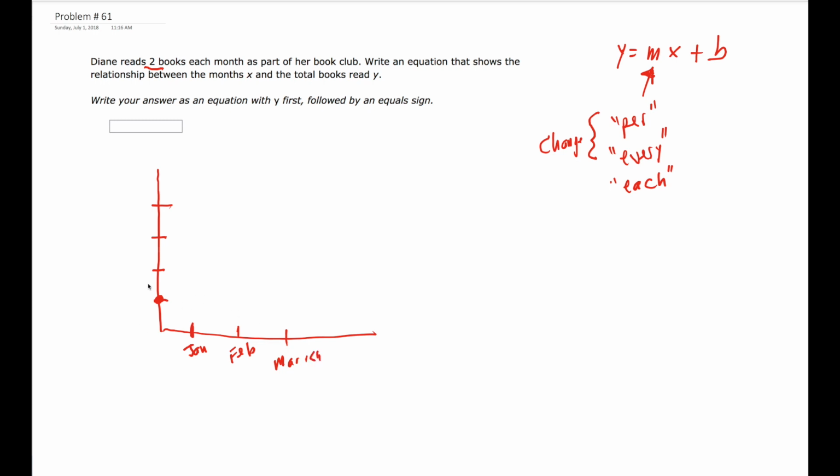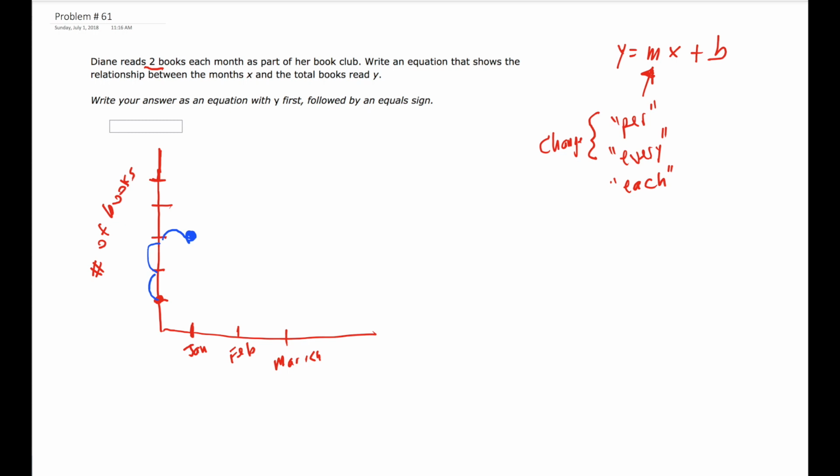Well, she's gonna go, and this over here is number of books. So she's gonna go up 2, and then over 1 from the previous month.